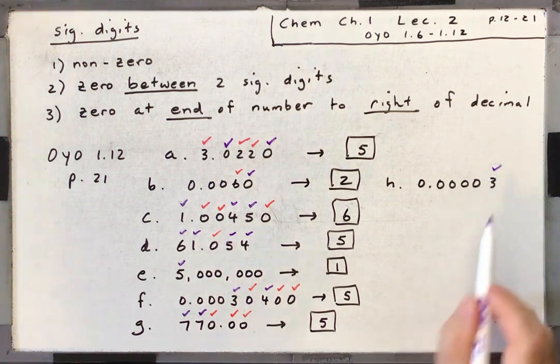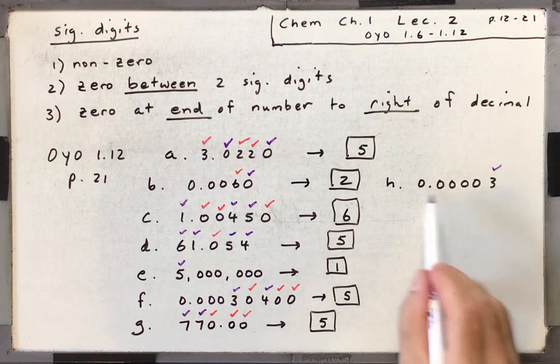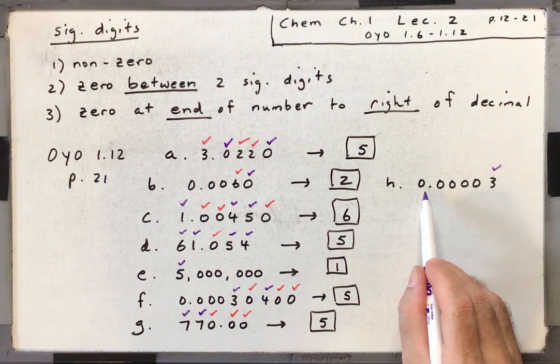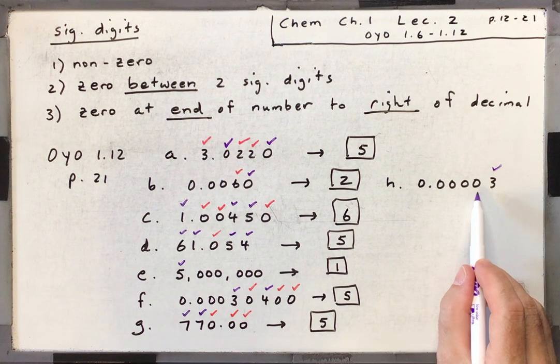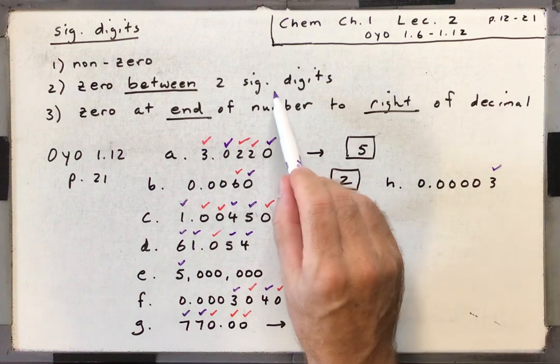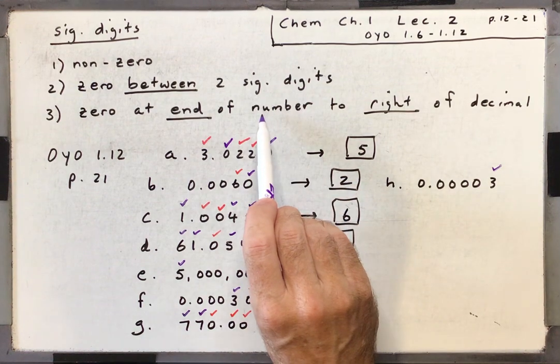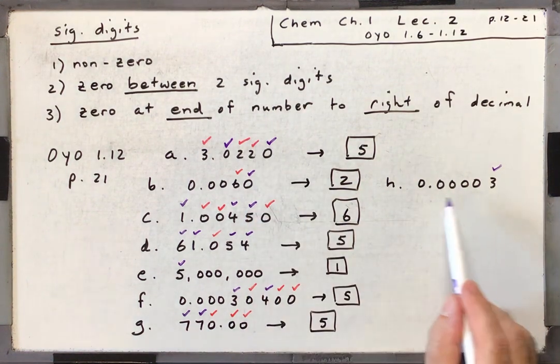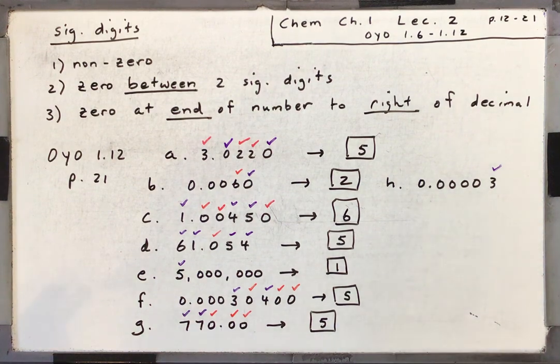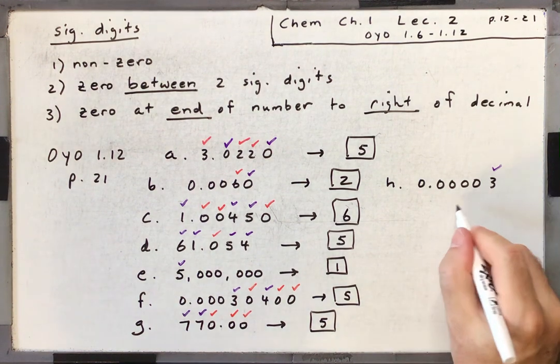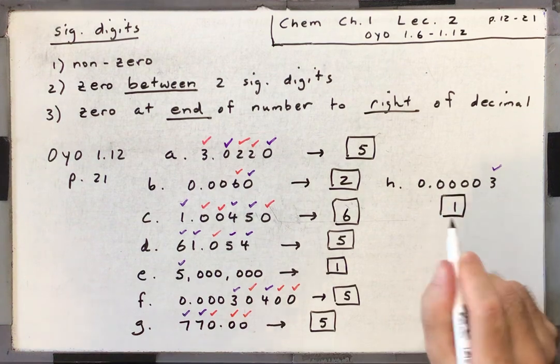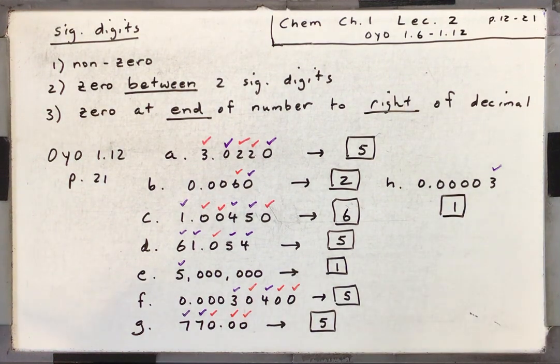We have a 3. What about all those leading zeros? Are any of those significant? Well, they don't meet rule number 2, and they don't meet rule number 3 because they're not at the end of the number. They're to the right of the decimal, but not at the end. So this example H only has 1 significant digit.